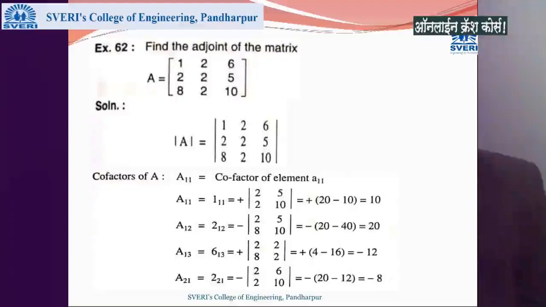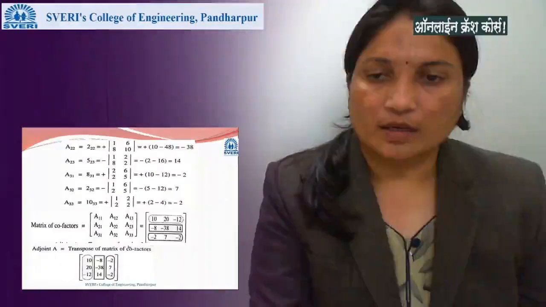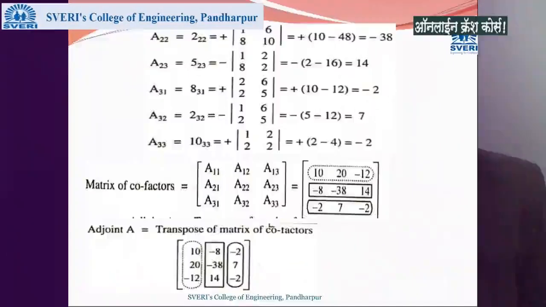So here A11 gives 10, A12 gives 20, A13 gives minus 12, A21 gives minus 8. Further, by using the same procedure, A22 is minus 38, A23 is 14, A31 is minus 2, A32 is 7 and A33 is minus 2.